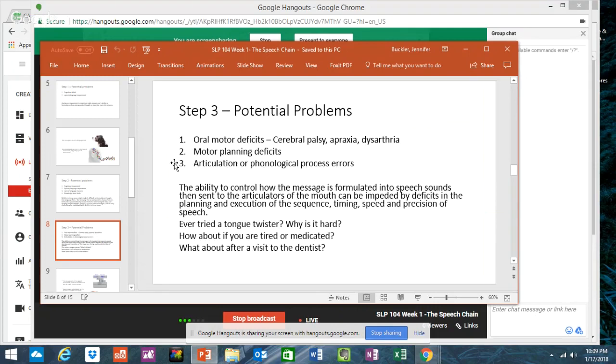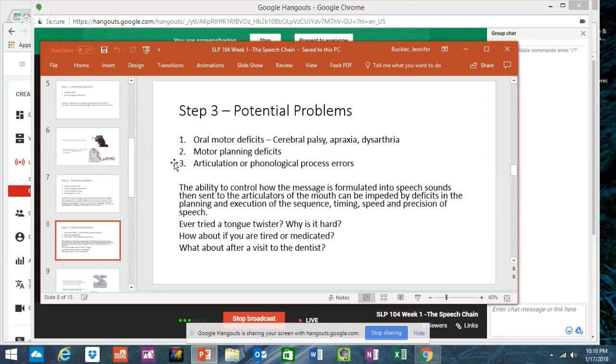It might be a motor planning deficit of some other kind, simple articulation or phonological process errors, articulation being the inability to perhaps make a sound how it's intended to be made, or a phonological process error, the imposition of a rule onto the production of a sound that may or may not be shared by the general populace, or may be a factor of the immature oral motor system. So a young child's ability to say a very complicated long word is different than that of a grown adult.